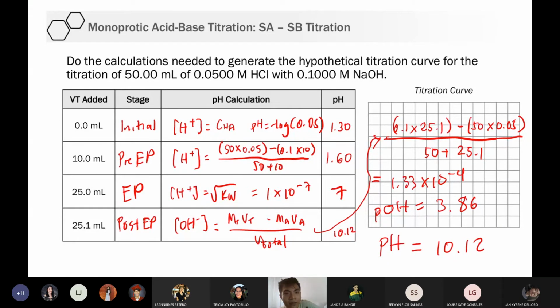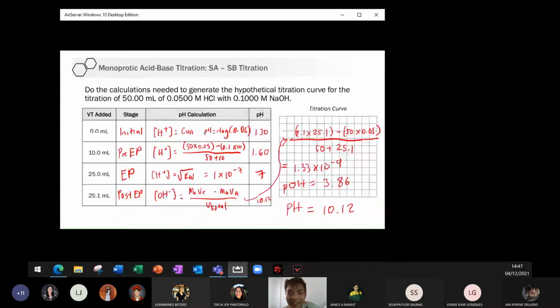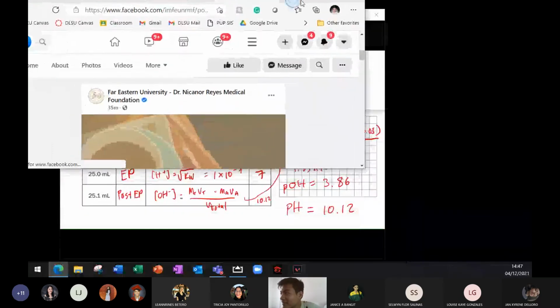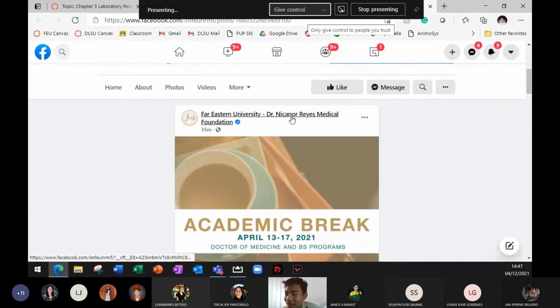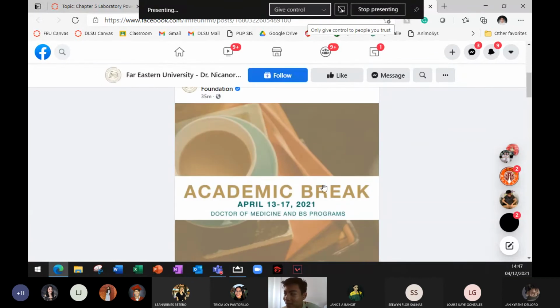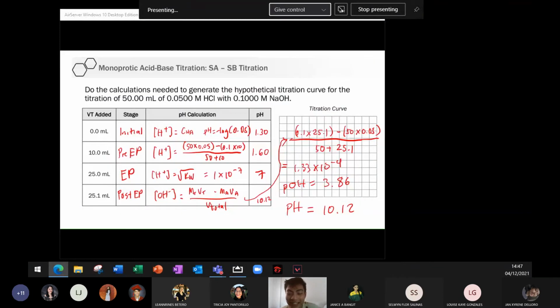Ito, share ko lang. Pakita ko sa inyo. Mainggit kayong mga taga FEU main. Lahat tayo mainggit. Wait lang ha, pakita ko. FEU NRMF academic break. Inggit sila. Ayan. So sila nag-academic break, tayo hindi. Nag-academic break na naman kayo sa akin last week. Kaya okay na siguro yan.